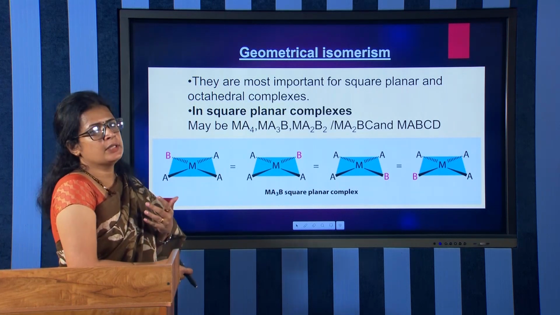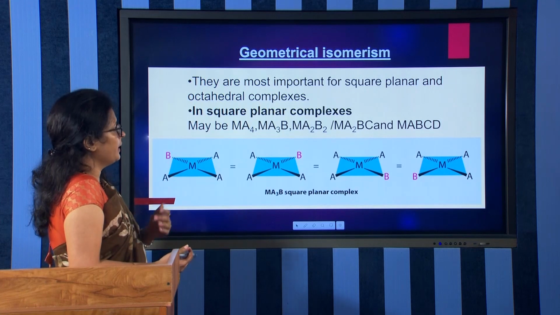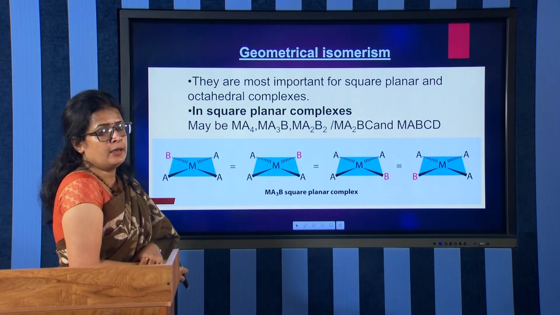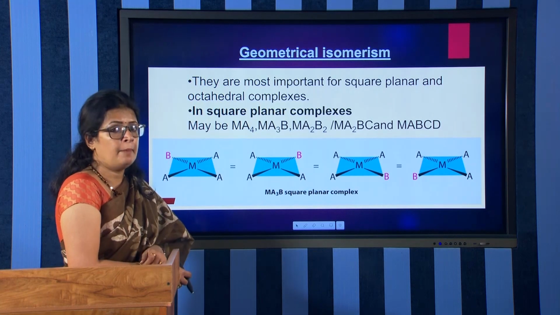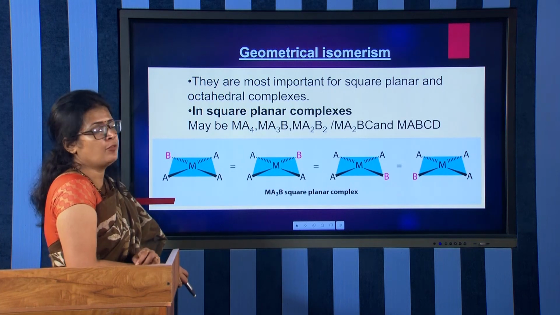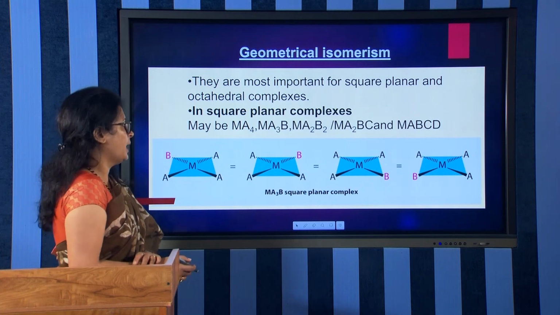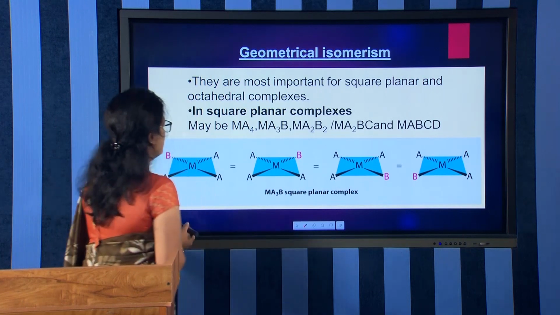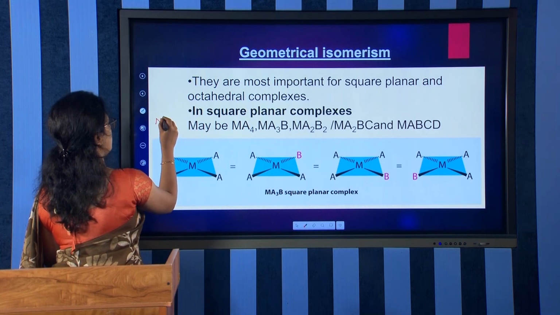First we will start with the square planar complexes. They can generally be represented as MA4 type. What is M? M is the central metal atom.